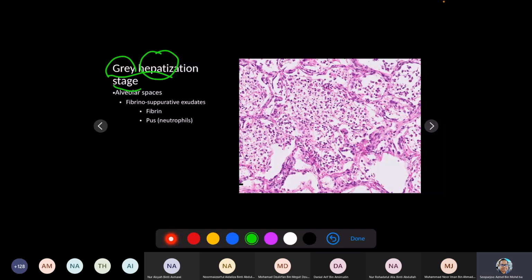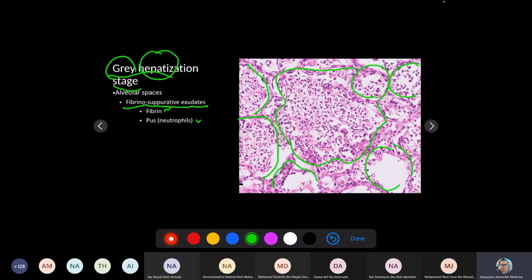Again, just to help you, this is one alveolar space, this is another one, this is another one, a big alveolar space, this is another one, and this is empty, containing nothing. Within these alveolar spaces, you can see a lot of fibrinosuppurative exudate. As the name implies, fibrino means it contains fibrin. Suppurative means it contains pus or neutrophils.